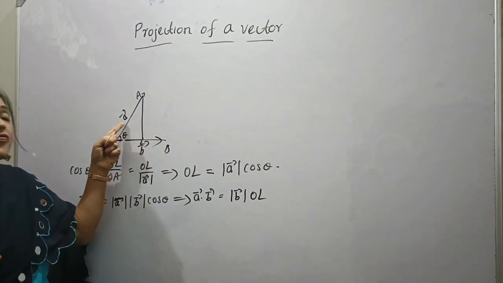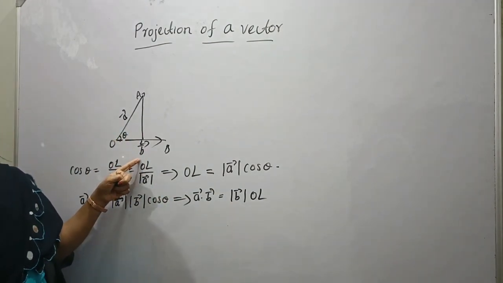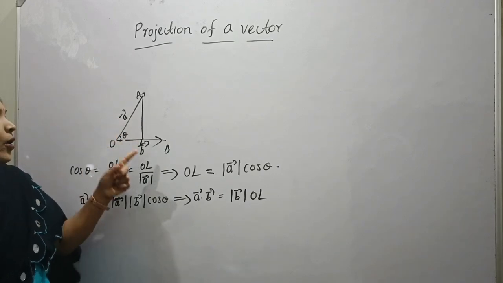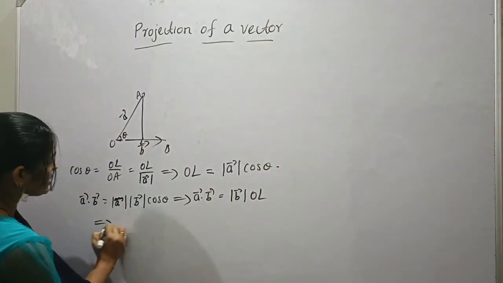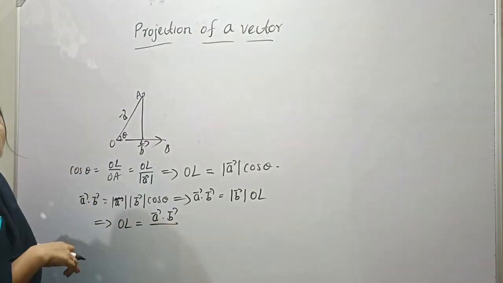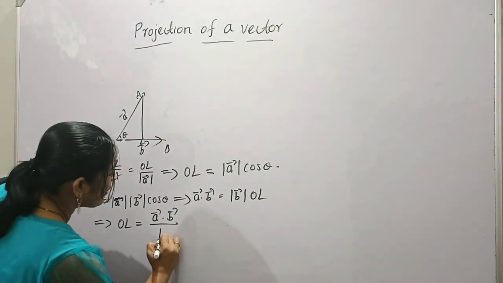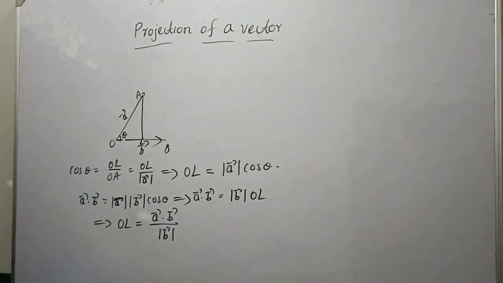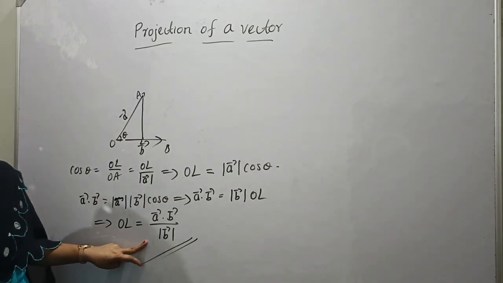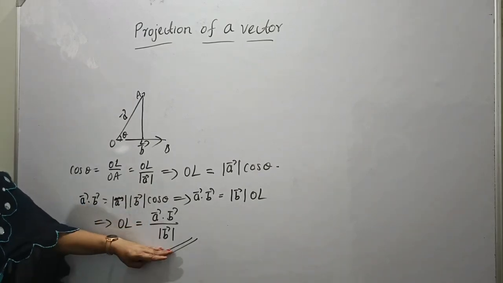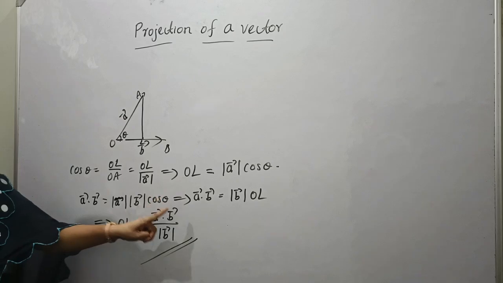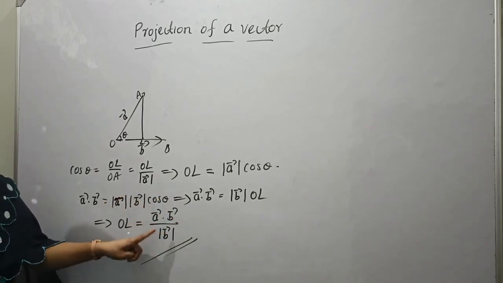OL is the projection of vector A on vector B. So OL is equal to vector A dot vector B, that is scalar product of vector A and vector B, divided by modulus of vector B. So by using this formula, we will find the projection of a vector on vector B. Here projection of vector A on vector B is vector A dot vector B divided by modulus of vector B.